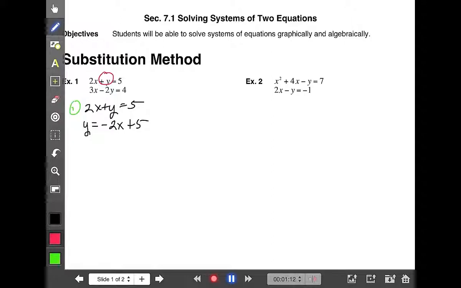And so this value for y, negative 2x plus 5, if the system actually has a solution, the y values must be identical. They must have a common y value. So if for this equation the y value is negative 2x plus 5, then this y value on the other equation is also negative 2x plus 5.